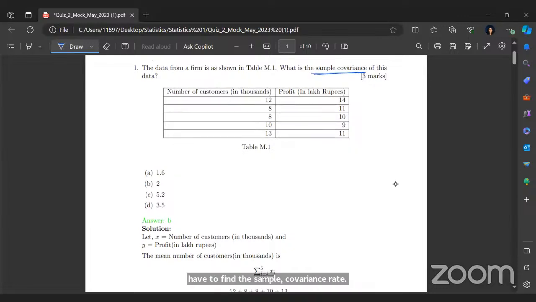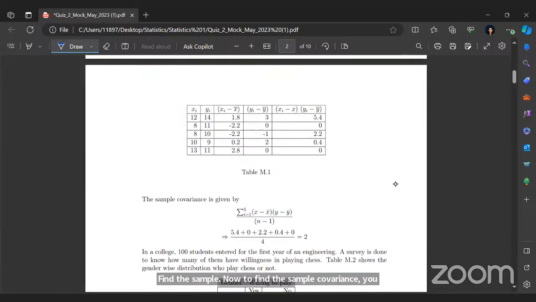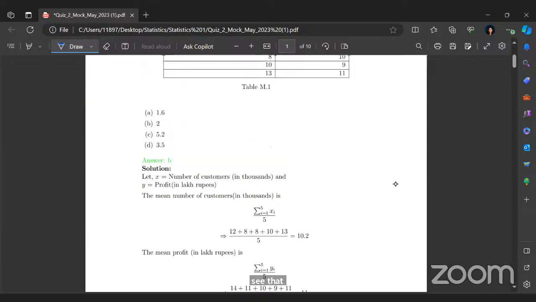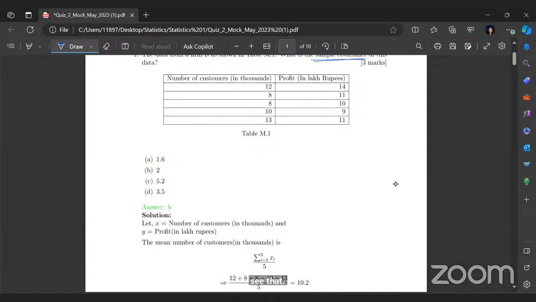Now to find the sample covariance, what is the first step that you will do? You will first find the mean, right?